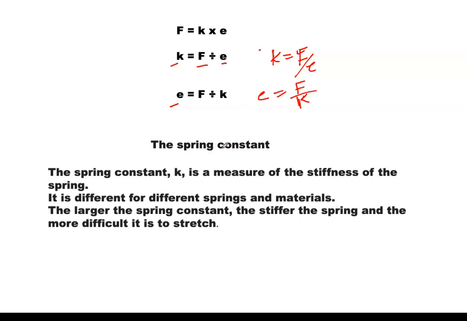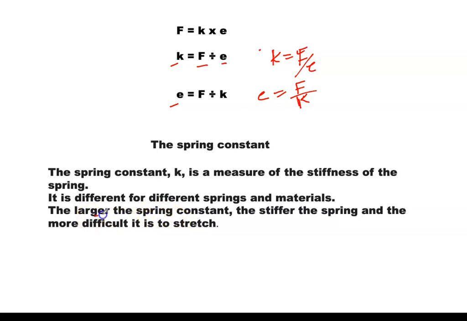All right. Now, what is the spring constant? The spring constant is a measure of the stiffness of the particular spring. And the spring constant is different for different springs and materials. Essentially, the spring constant tells us how difficult it is to either stretch or compress a particular spring.